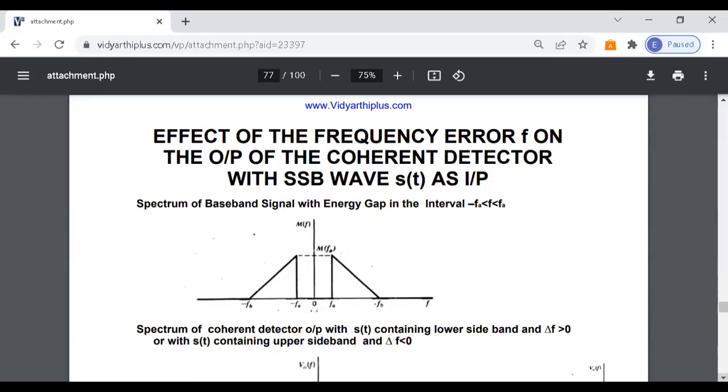Sir, is there a benefit of using the single sideband versus double sideband? Yeah, you save. Like I said, with double sideband, you're transmitting the same signal twice. But the single sideband would be a more complex circuit then.